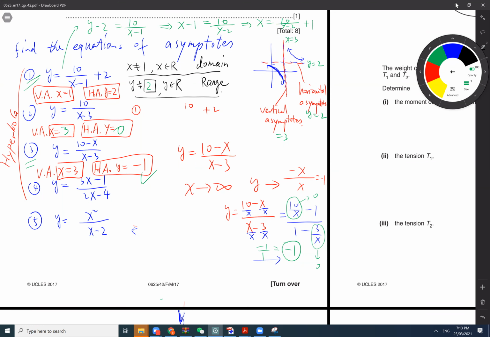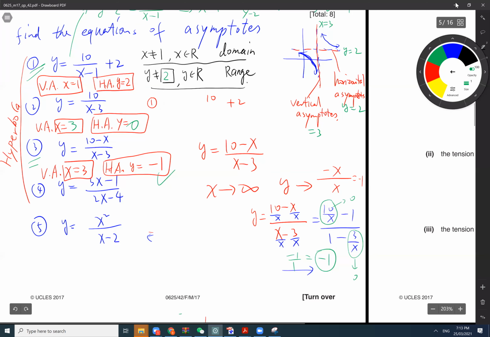Guys, try number 4. Vertical and horizontal asymptotes. You can also use Eden's method. Eden said we can rearrange, make x the subject, so you know what value y cannot take.